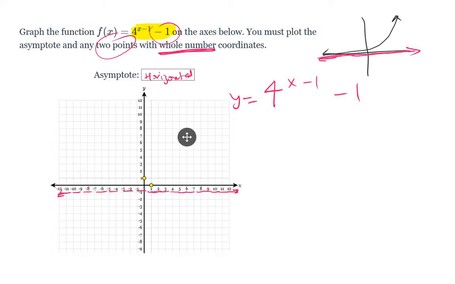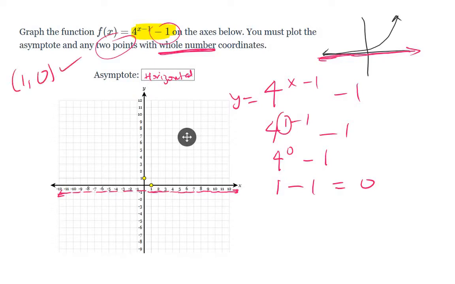That's not a whole number. Let's go to the next one. What if I select 1? 4 to the power of 1 minus 1, minus 1 will be 4 to the power of 0 minus 1. And then 4 to the power of 0 is 1. 1 minus 1 is 0. Okay, that's a good point because we selected x to be 1. So 1, 0 is a good point.